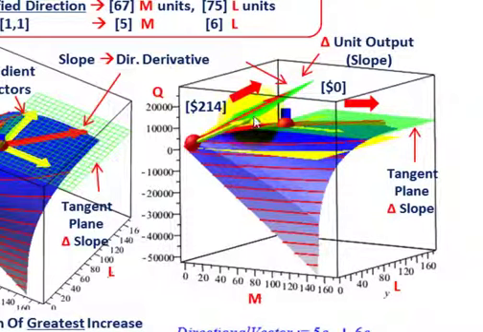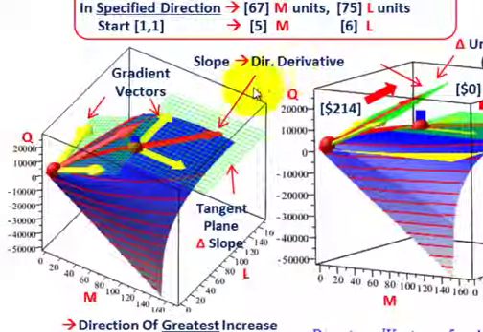Had I plotted out other points, our plane would have become less and less steep. We moved from a $214 unit output down to 0. At some midpoint, we're going to be down to a much lesser slope until we hit our plateau. Okay, so that is our directional derivative.